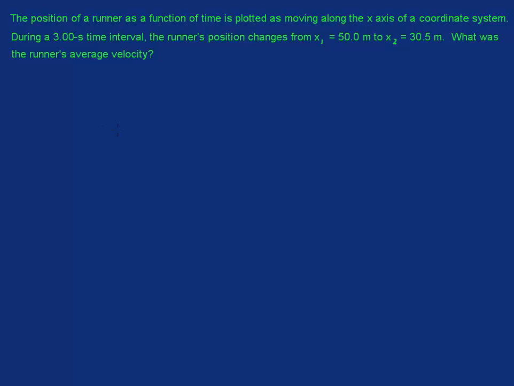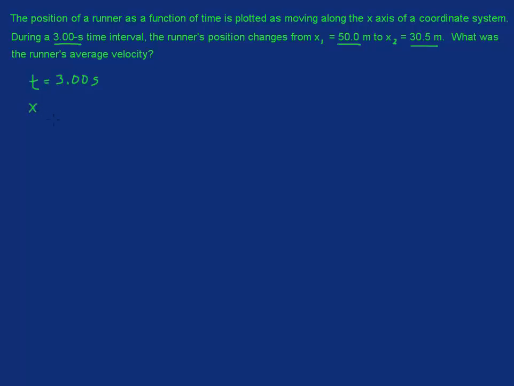Okay, same as before. The first thing we have to do is identify what we have given in this problem. And I've got this number, and this number. So let's identify those. Two of them are identified already for us. The first one isn't though, and it's our time: 3.00 seconds.